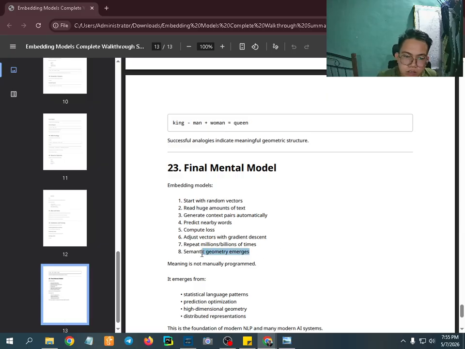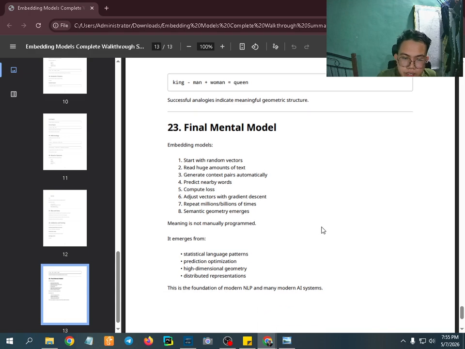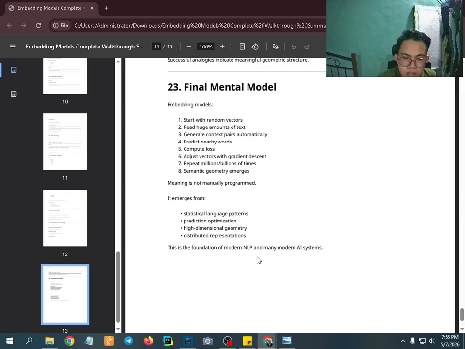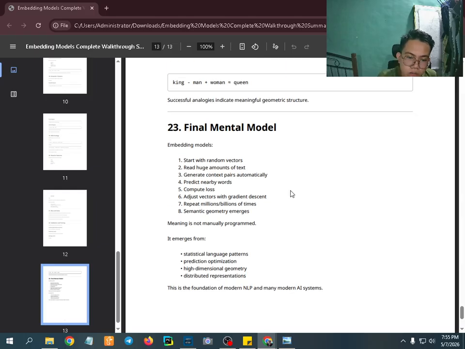Semantic geometry emerges, and words cluster in the embedding space. So meaning is not manually programmed. It emerges from statistical language patterns, prediction optimization, high-dimensional geometry, and distributed representations. This is the foundation of modern natural language processing and many modern AI systems.